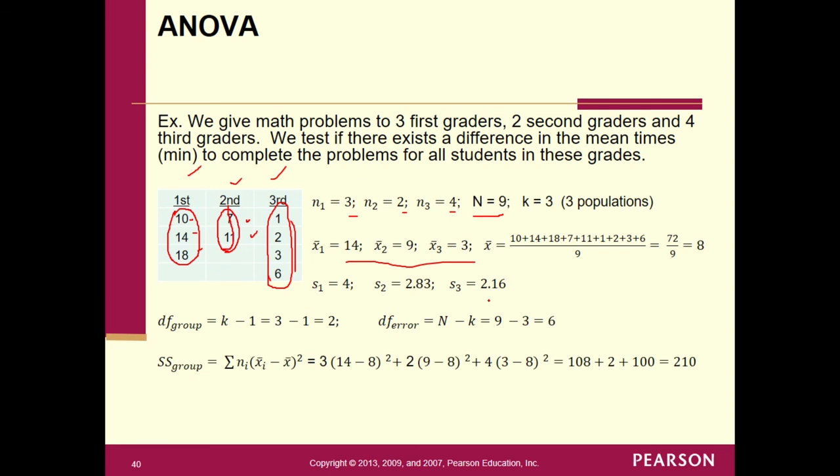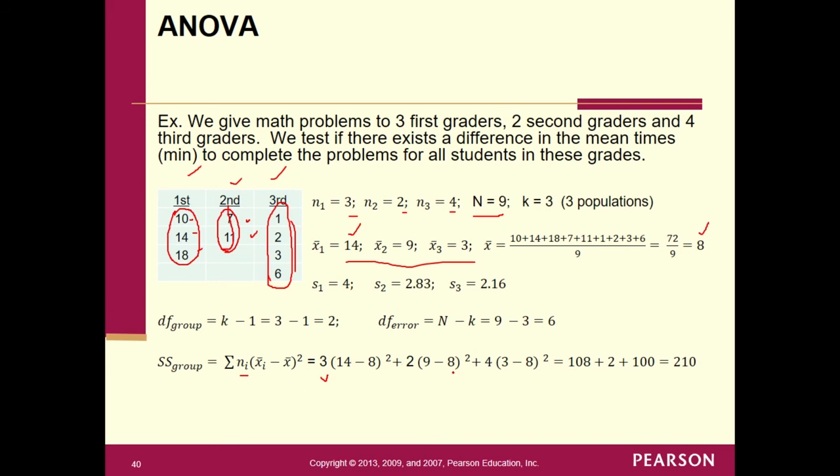SS groups, all right, so let's be careful here. So we have N1, which is 3, okay, got that. And then we have our first X bar 1, which is 14, minus X bar, the overall X bar of 8, and then we square it, all right.